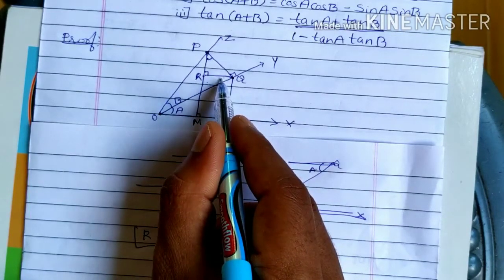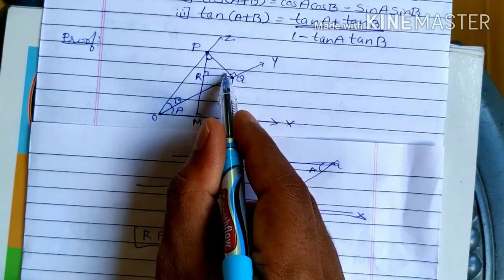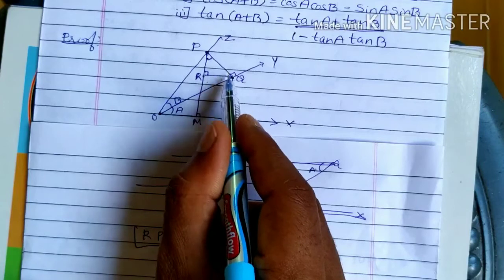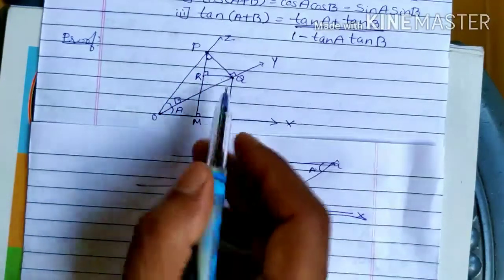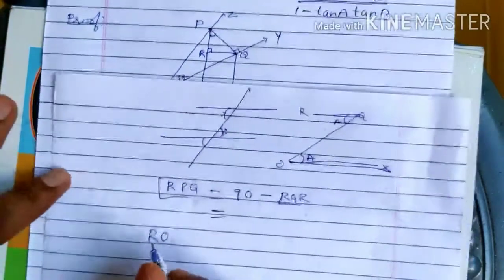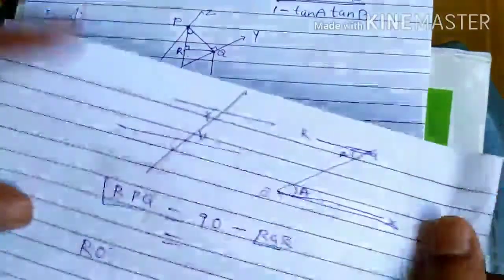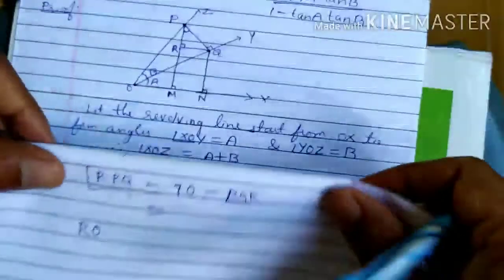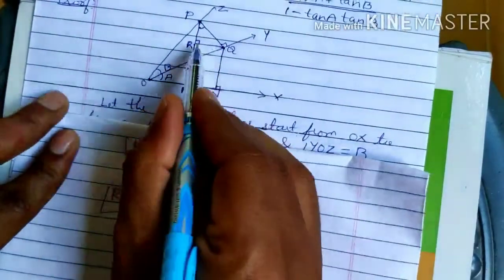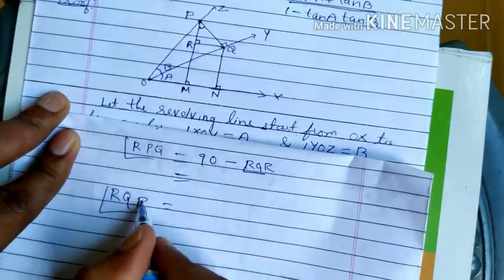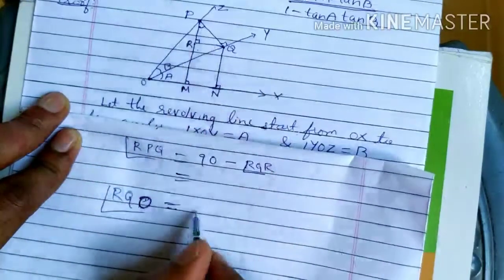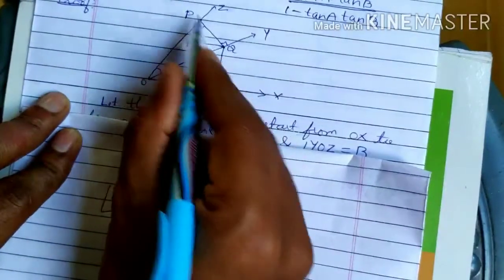Suppose this is 30, then this must be 60. That is, you have to subtract from 90, 90 minus 30. Similarly, RQO is equal to 90 minus RQP.